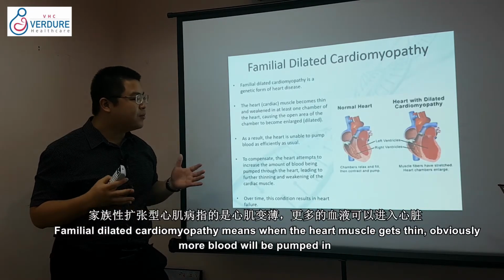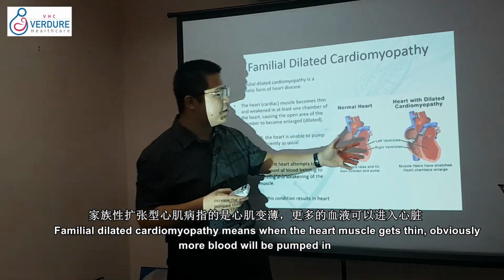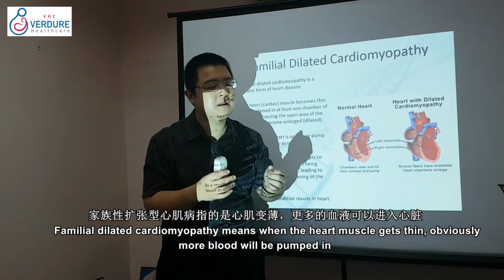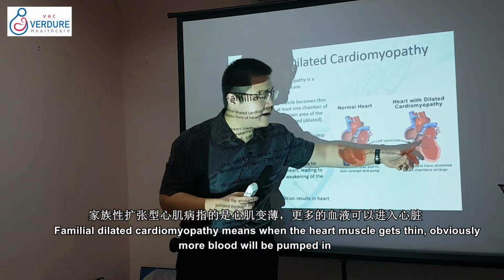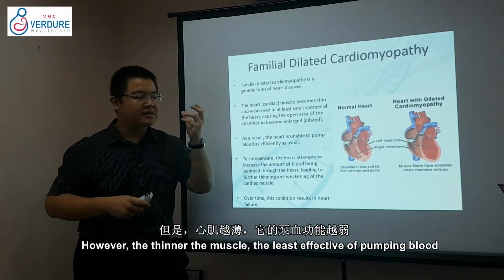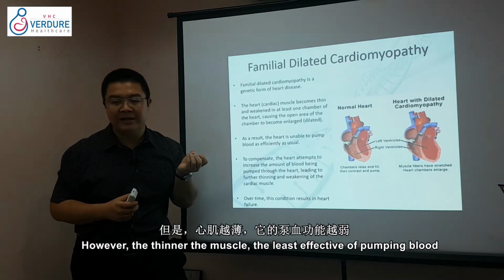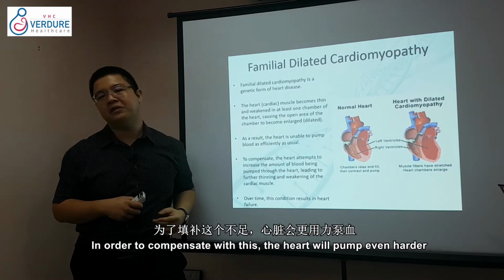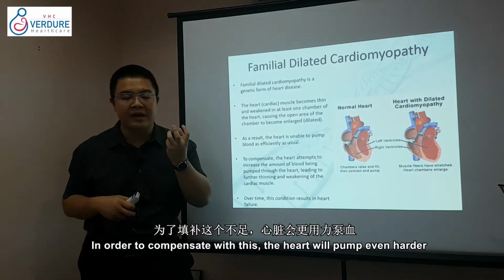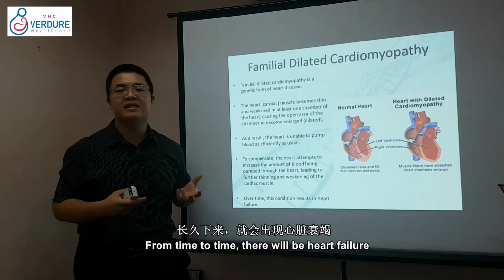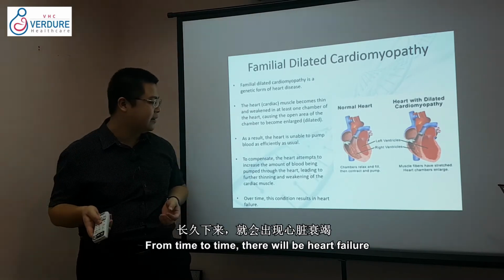But more importantly, familial dilated cardiomyopathy means that when the heart muscles get thin, obviously more blood will be pumped in. However, the thinner the muscle, the less effective it is in pumping blood. So in order to compensate for this, the heart will pump even harder. So from time to time, there will be heart failures, all right?